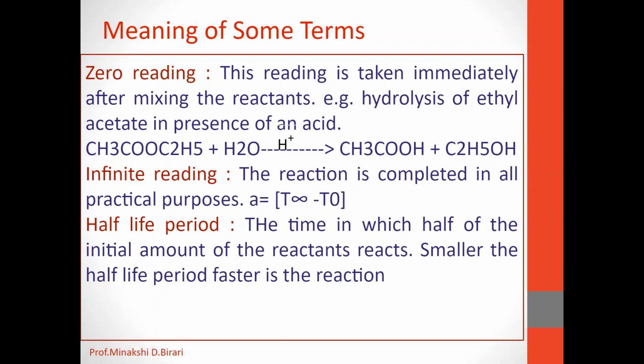So the time in which half of the initial amount of the reactant reacts is called half life period, and if the half life period is smaller, the reaction will be faster. So these important terms are used in chemical kinetics. We should remember the meaning of these terms like zero reading, infinite reading and half-life period.